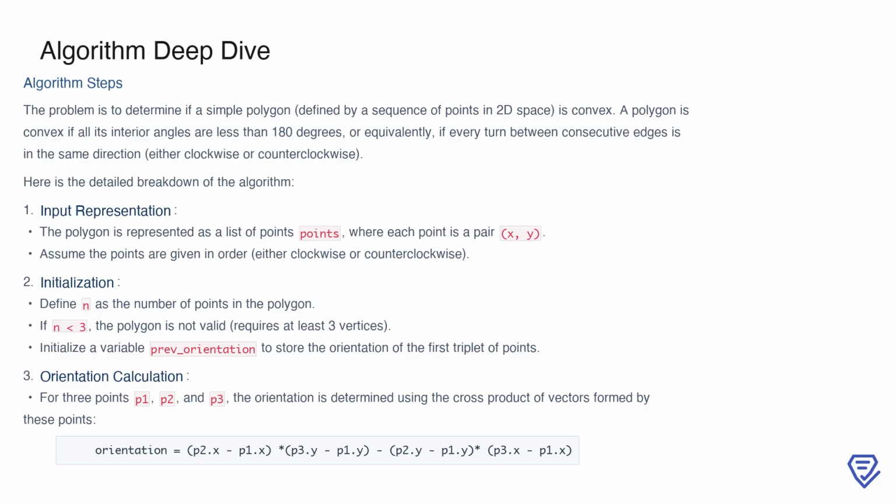Next, we prepare a variable called prev_orientation to store the orientation of the first triplet of points. This will help us track consistency in the turning direction throughout the polygon. The orientation between 3 points is calculated using the cross-product of their vectors, which allows us to determine whether the turn is clockwise, counterclockwise, or if the points are collinear. This calculation forms the backbone of the algorithm.